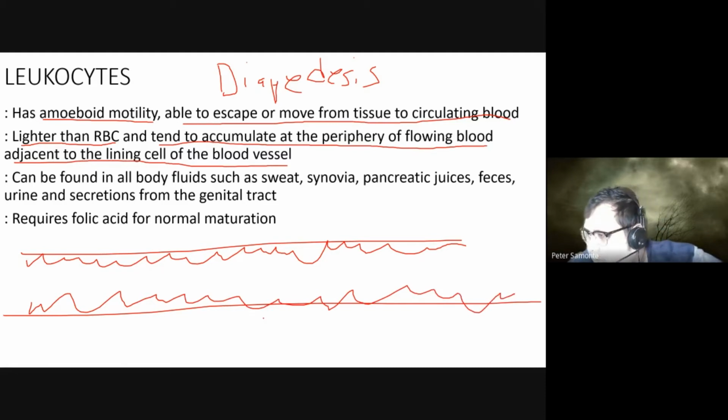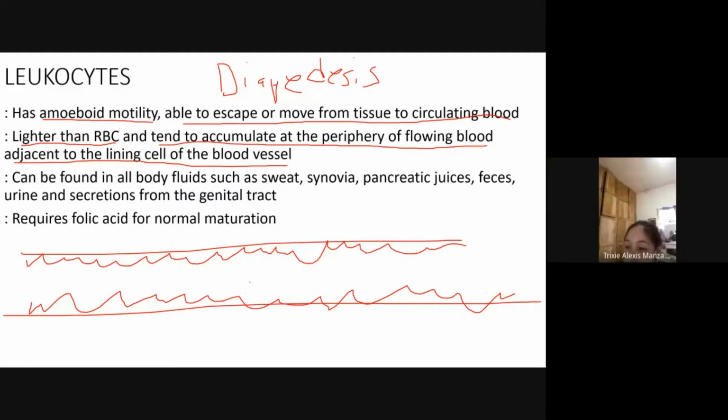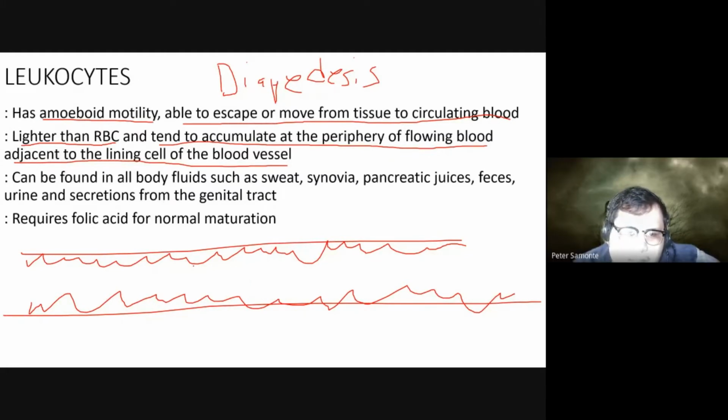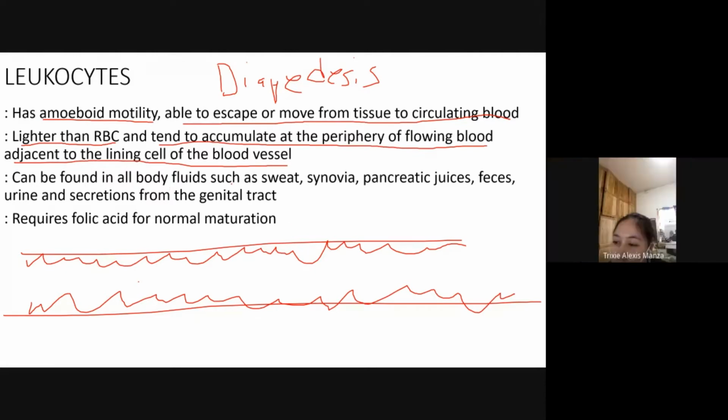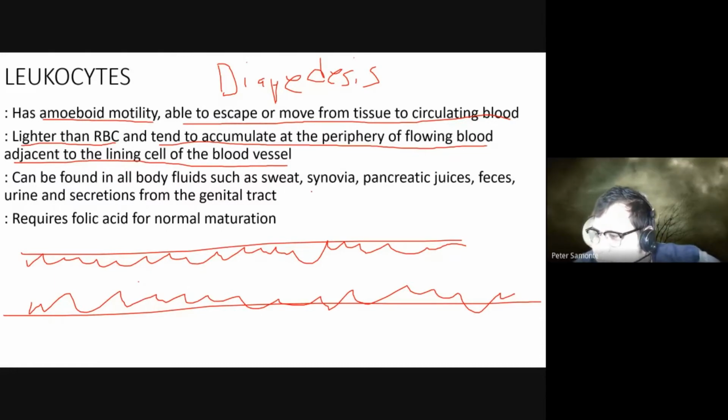Now, Ms. Abison, are you there? Yes, sir. What do you think is the reason bakit sila nag-accumulate dyan sa gilid ng blood vessels? Bakit hindi sa gitna? Kasi baka denaturate na yung cell, sir. Ano ba purpose ng WBC mo?